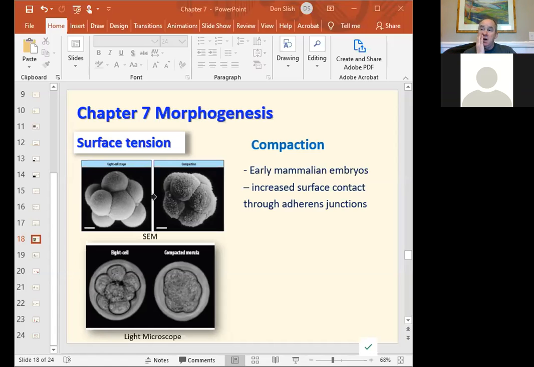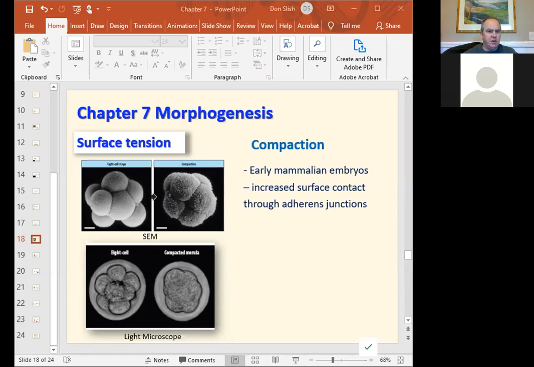Now, if the cell is connected on all sides, you've got surface tension on all sides, and that makes it one type of cell, basically. If it's on the outside and it's got an apical surface that isn't connected to anything, it's got less surface tension because the surface tension only happens where there's connection.